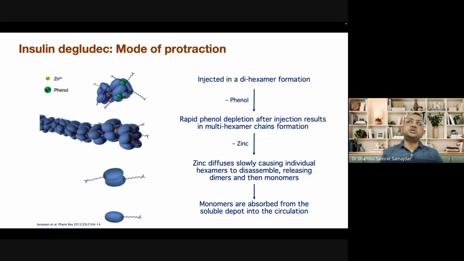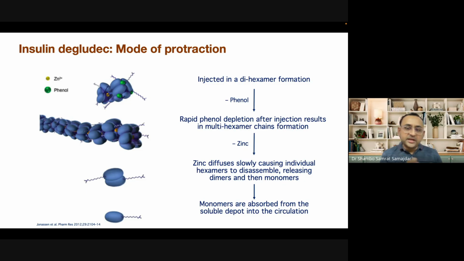So insulin degludec has a mode of protraction like this, injected in a dihexamer formation. Now, as they have phenol, the phenol will go off. Rapid phenol depletion after injection results in the formation of a multi-hexamer chain, as we can see here.